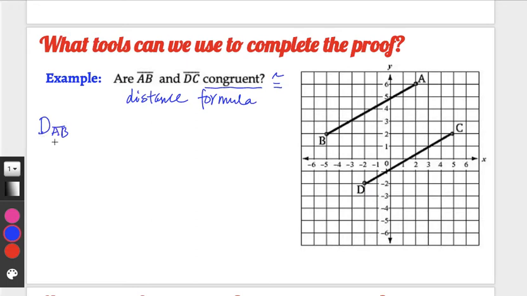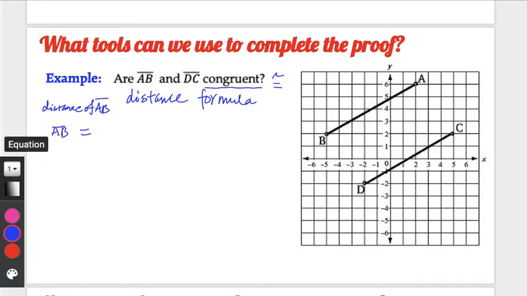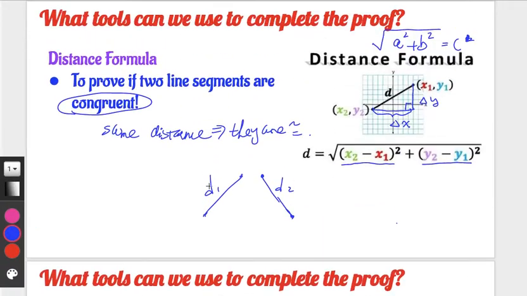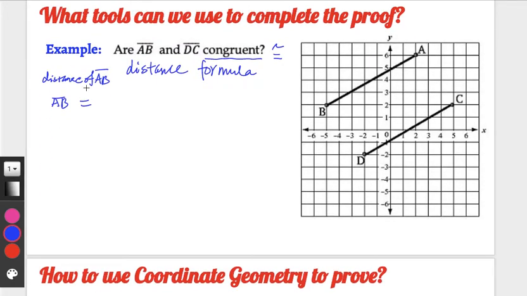You can write down DAB, or you can write down the distance of AB, whichever way you like to represent your calculation is fine. The one I use here is uppercase D, but we can also use lowercase d. So DAB means we are going to look for the distance of AB.